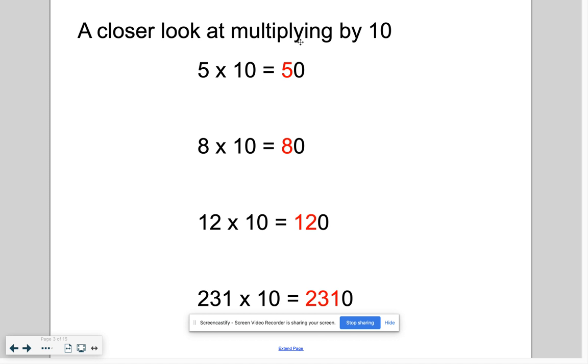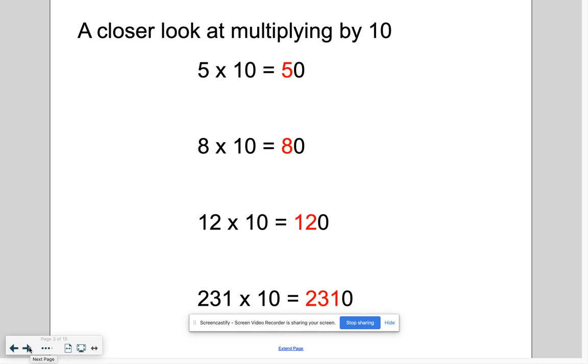So basically, when you multiply by 10, 5 times 10 is 50, 8 times 10 is 80, 12 times 10 is 120. 231 times 10 is 2,310. What you'll realize with all of these problems is that you've taken the original number 5, the original number 8, 12, and 231 and just stuck an extra 0 from the 10 onto that answer.